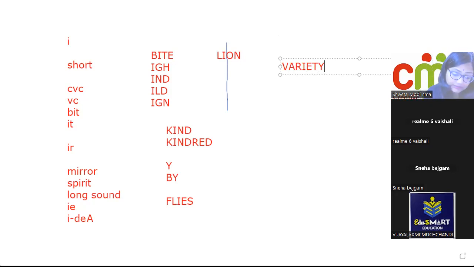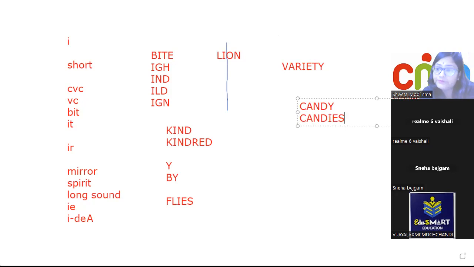Now we all know that Y gives the long E sound when it is in a word of more than one syllable, like in the word candy. Right? But if you make the plural, what will happen? I will come giving the E sound. So I can give the E sound when it is the plural of candy, because candy will be candies. We are replacing Y with IE.